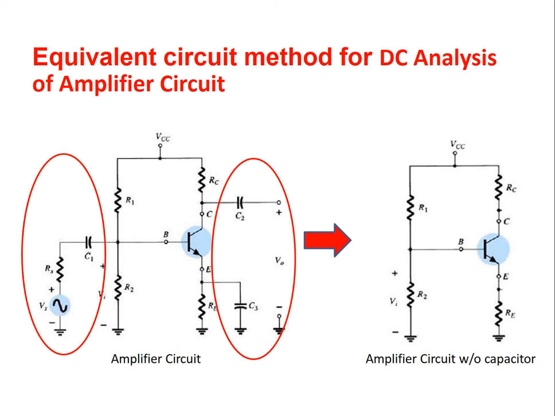Now let's look at the actual analysis. This is a typical amplifier circuit using a BJT, and we want to perform the DC analysis first.